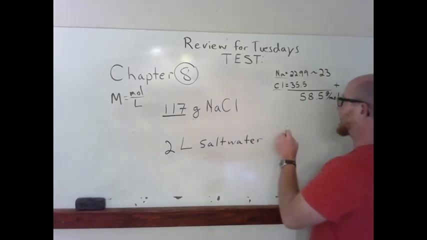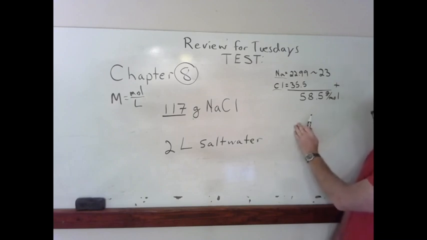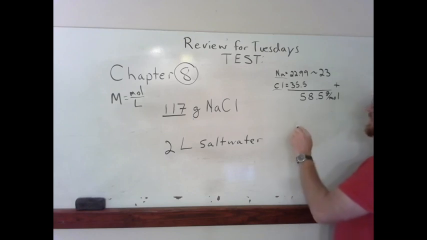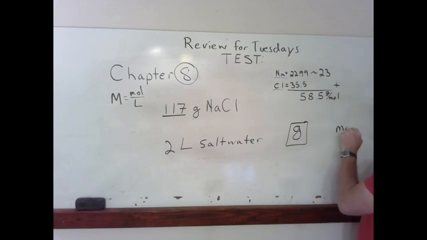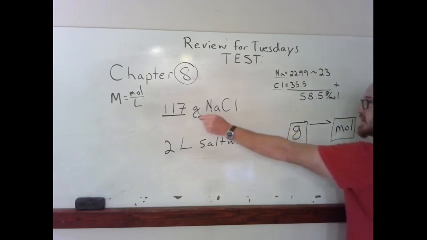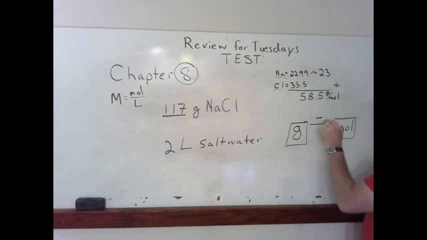How do I do that? Well, here's a neat little trick I'm going to put over here in the corner for you. Write this down for sure. It's a great tip. If you have grams of a substance, let's say we'll call this our gram box, and over here we have our mole box. If I want to go from grams to moles, what I'm going to do is divide by the molar mass.